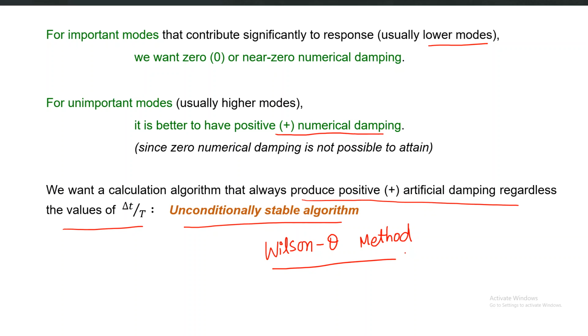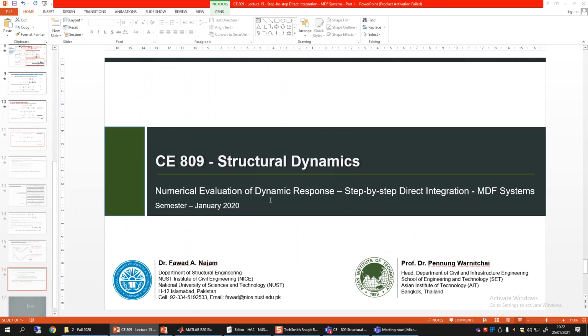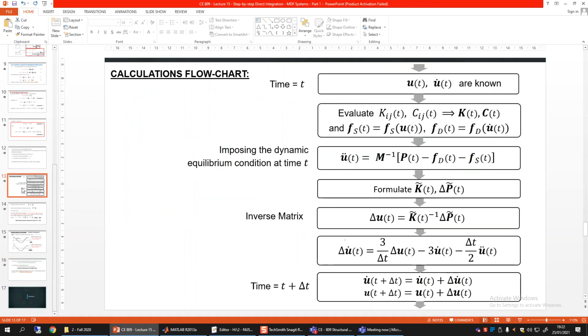So now I will just show you an example MATLAB code which automates the flow chart that I just showed you, for an example force vector. In fact, this example code is for a ground acceleration vector.